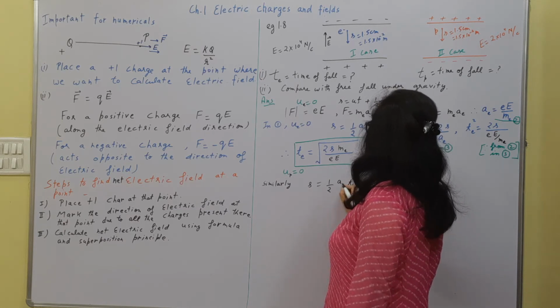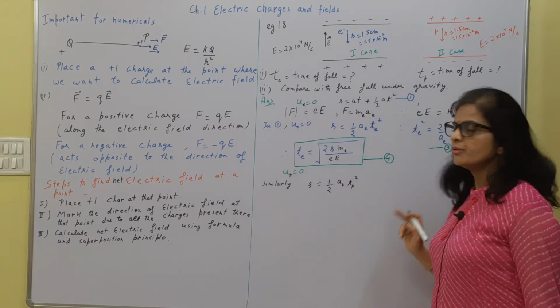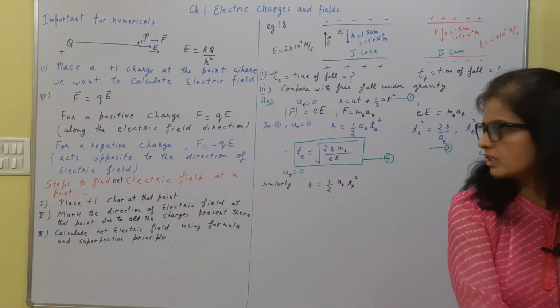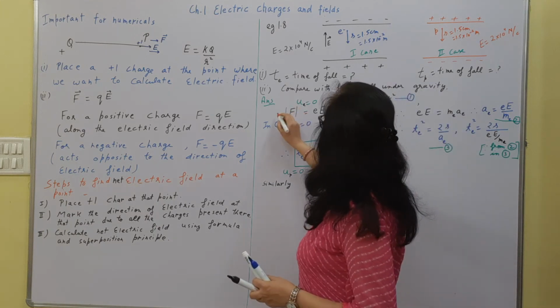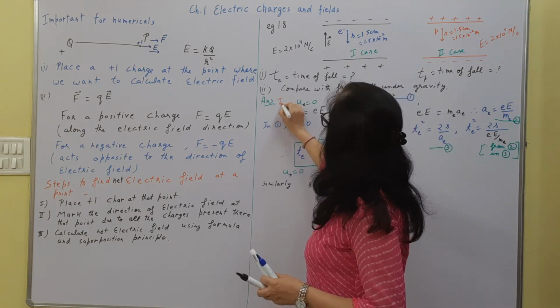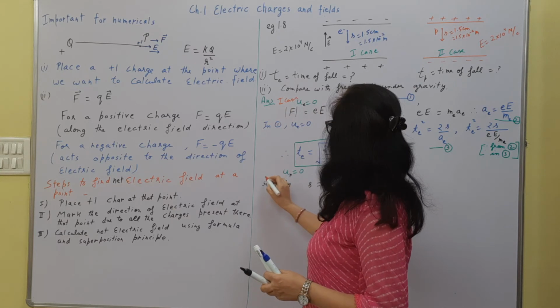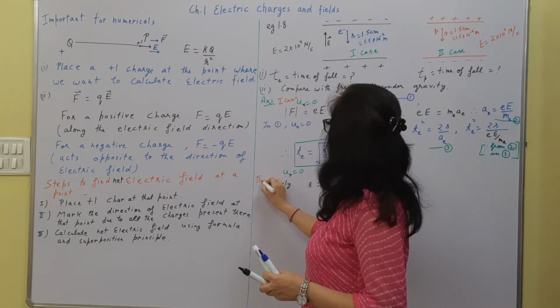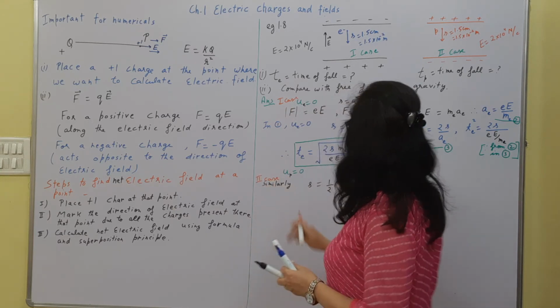So this p I am writing just to show that this is for proton case. So I will just mention here as well. So this is the first case and this is the second case which I am doing now.